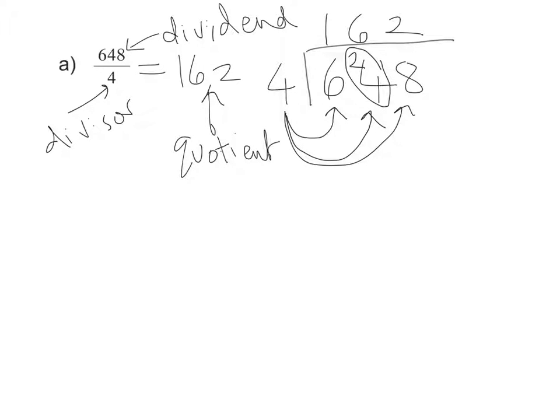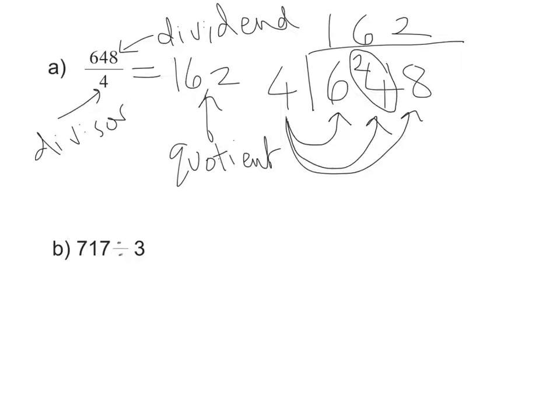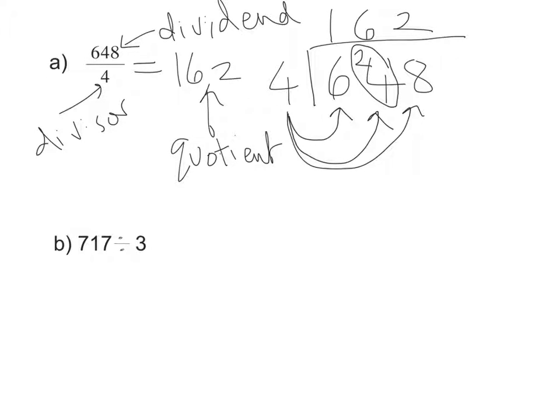Okay, let's try another example. Example B, 717 divided by 3. So again, do your bus stop method. I'm going to put our dividend here, our divisor here. First question I ask myself, how many times does 3 go into 7? Goes twice, remainder 1.